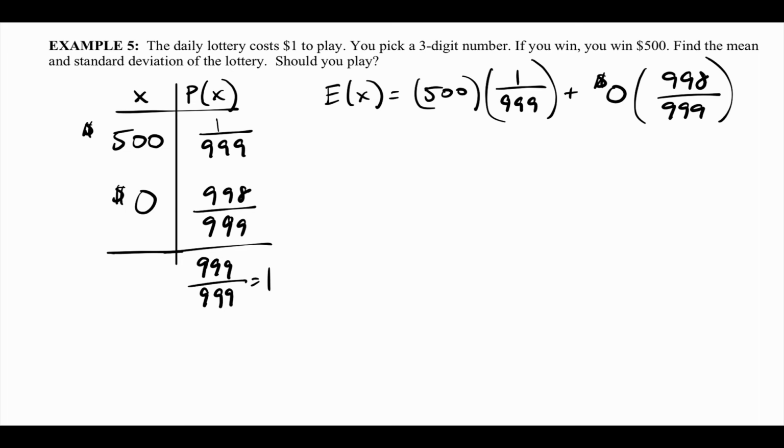This one's not hard. This is another reason why 0 is a good thing to do, because this will just go away. So this one you really don't even need the calculator besides just multiplying, right? It's just going to be 500 over 999, which is 0.5 something.